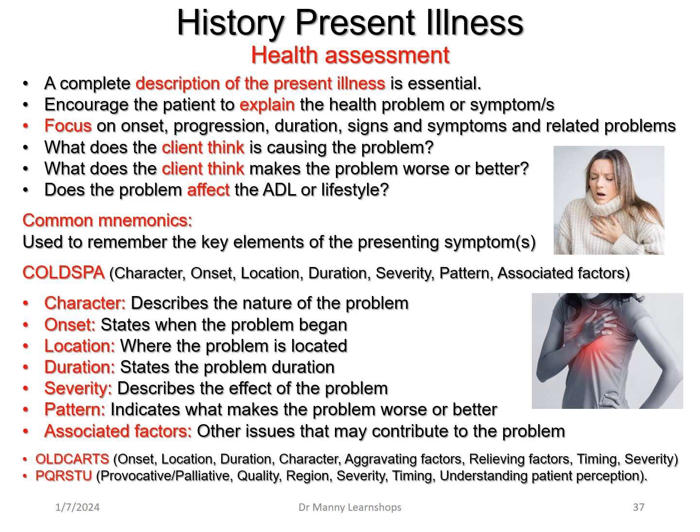Location, where is the problem located? Duration, when does it start? How long does it last? What's the severity? What's the effect? What effect does it have on you? What's the pattern? What makes it worse, better? What are the associated factors that you think contribute to the problem? COLD SPA, OLD CARTS, PQRSTU.